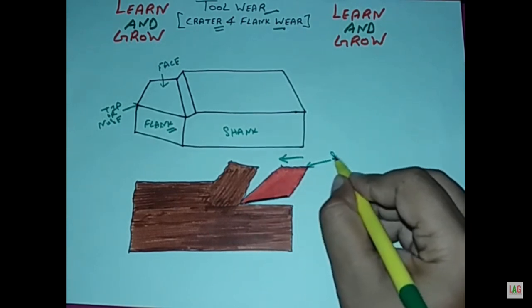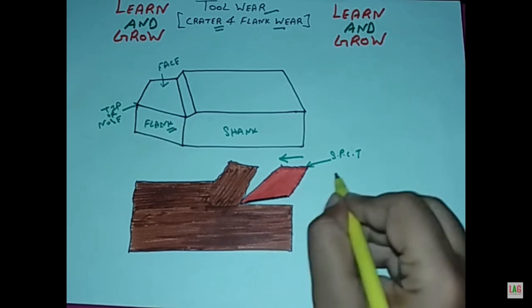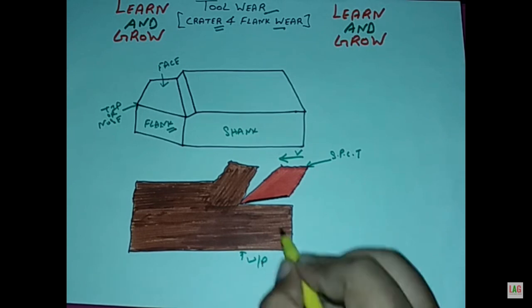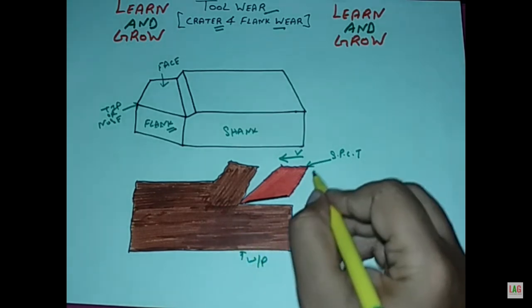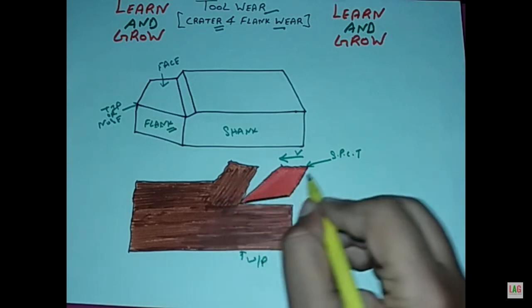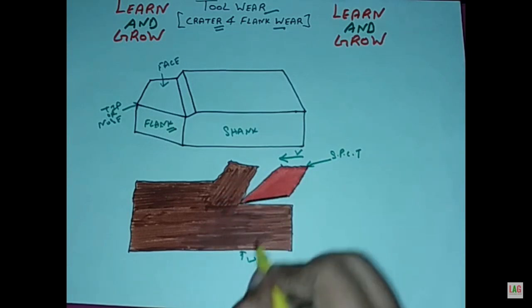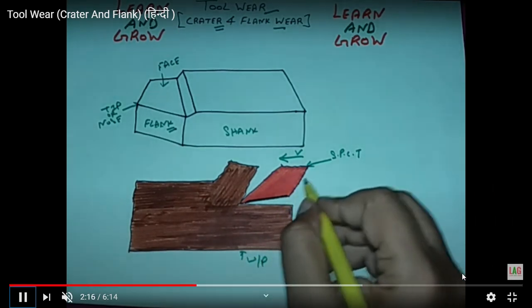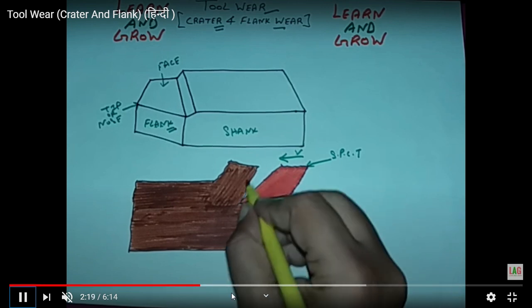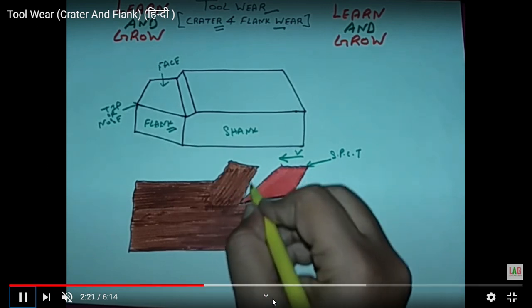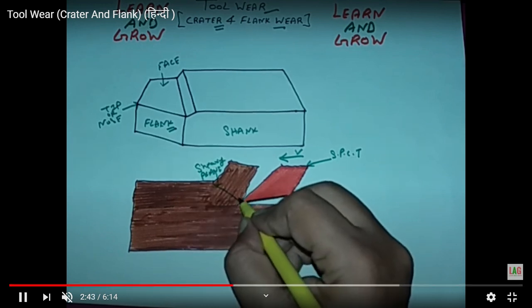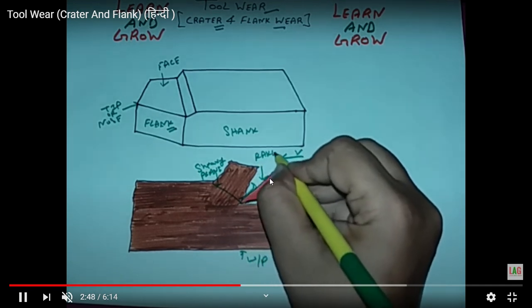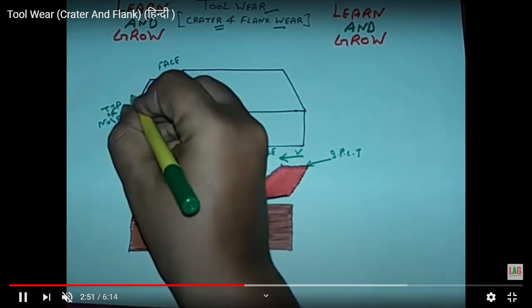Here is a single point cutting tool and that is the workpiece. In this way, you observe that tool failure or tool wear occurs only on the tool.